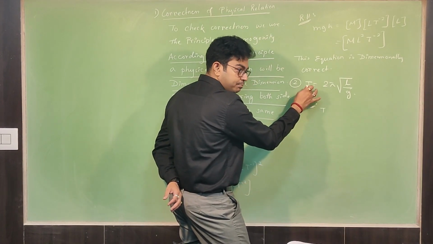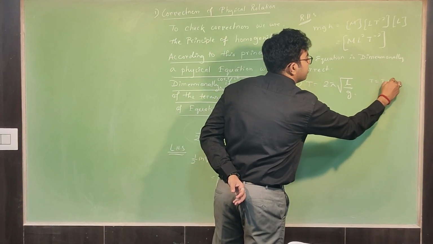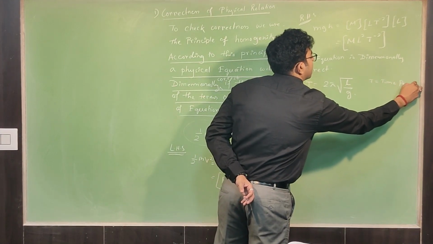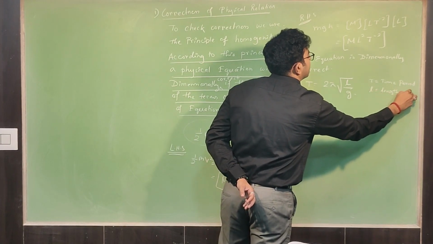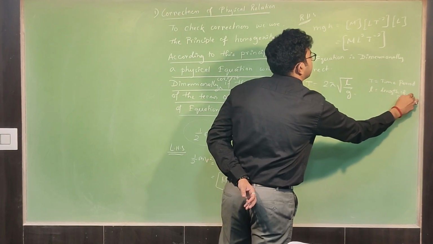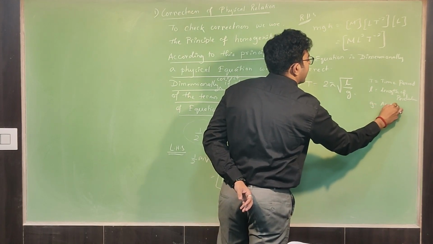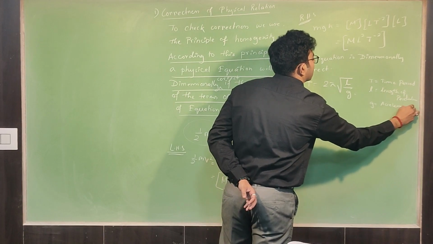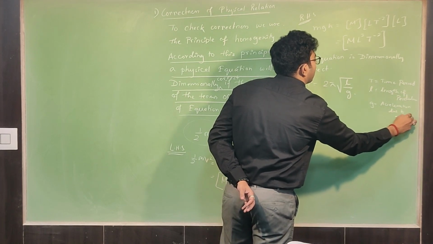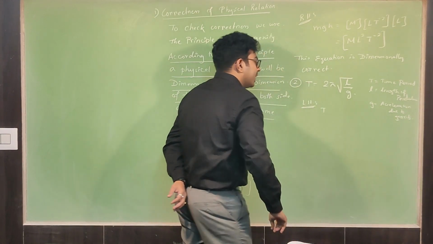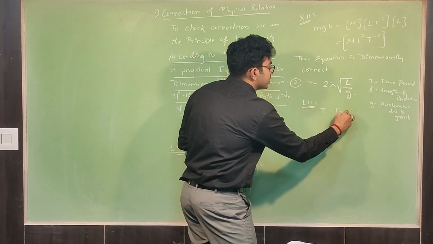T is the time period. L is the length of the pendulum, and g is acceleration due to gravity. So LHS is time, that is, the dimension is time.